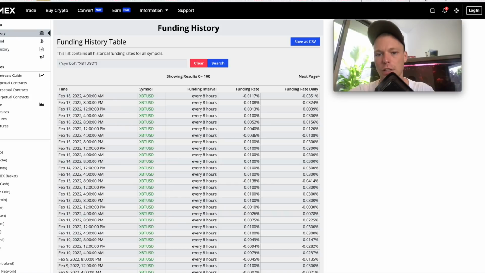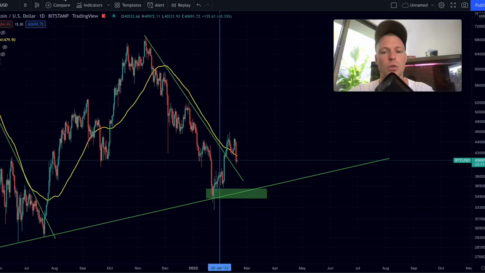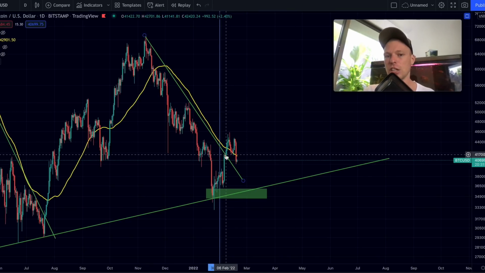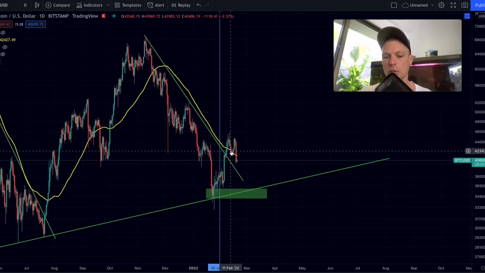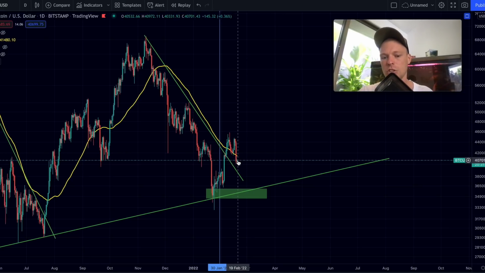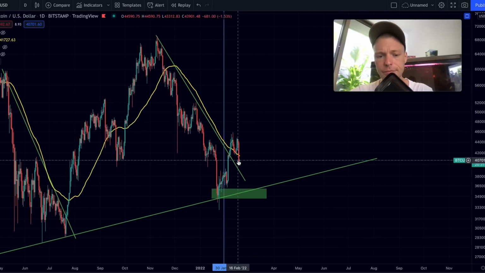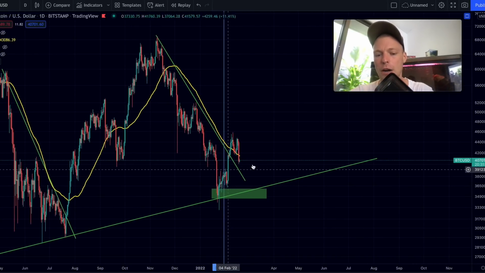But we can see in the funding rates right here that the funding rates are negative, quickly flipped from positive to negative when Bitcoin lost some support right here. So most likely the sentiment over the coming days and weeks will become slightly more negative, which could be a positive sign for Bitcoin to get a bounce at one of these levels.